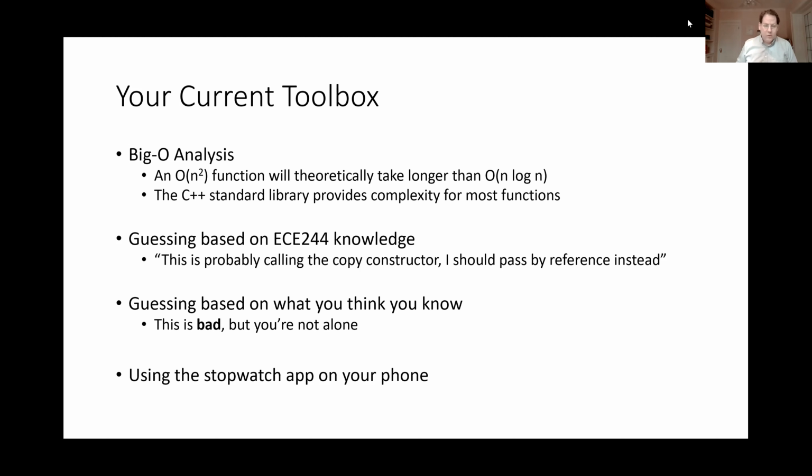So you know that order n squared is bad, order n log n is much better, especially if n can get big. And the C++ standard library provides this complexity for most of the functions that you can call in it and the data structures. So by looking up the complexity of a data structure, and looking at how many loops you have and how you use it, you can work out the overall complexity of various functions and algorithms, and you can tell this looks bad.